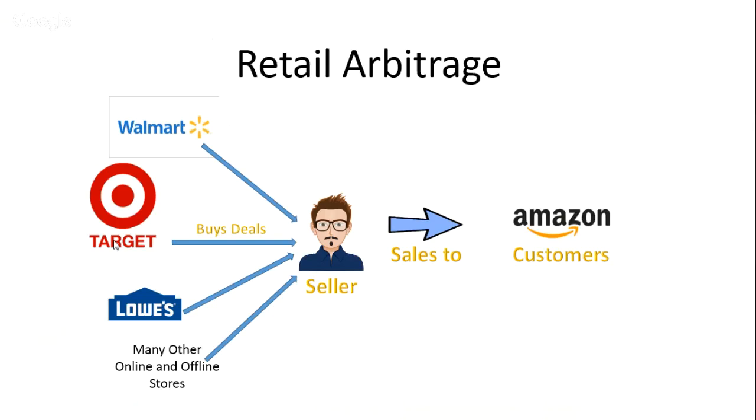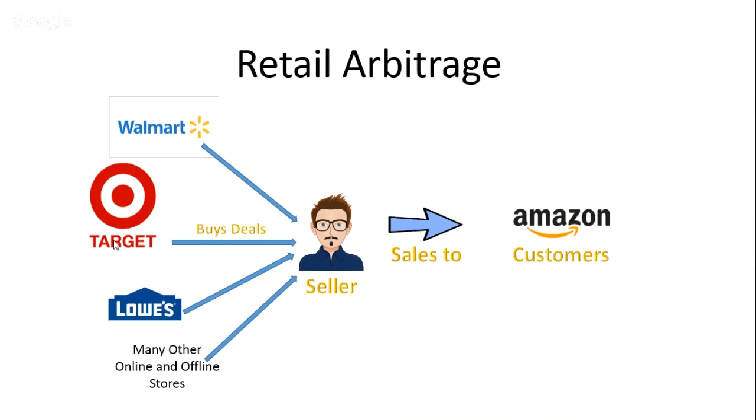Let's say you get 70% off on Nike shoes. You get those shoes at 70% off, and after a few days that discount will go, and you list that product on Amazon at the regular price.